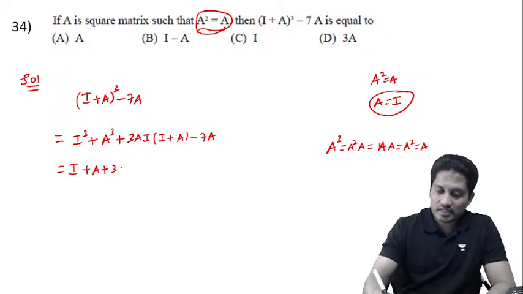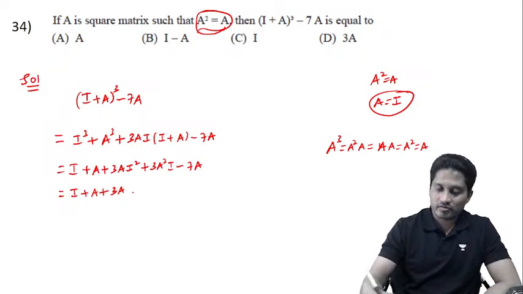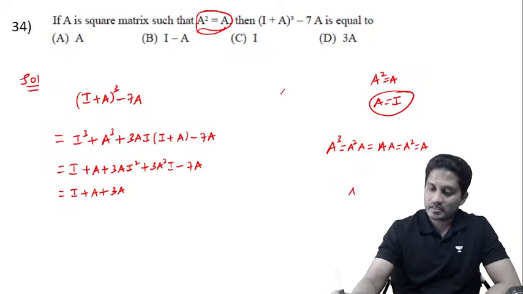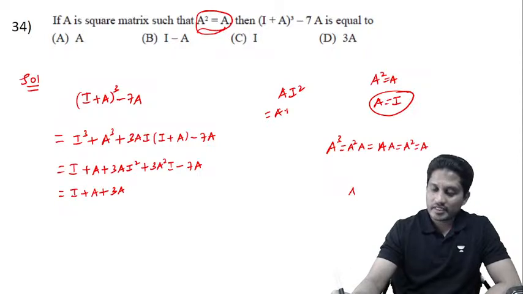Plus this is equal to 3 A square into I, minus 7A. This is equal to I plus A, plus 3 I square is I into A is A only. So A into I square is A only. I square is I, sorry.